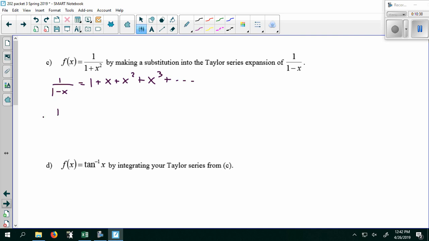I will plug in, instead of x, negative x squared, so 1 minus negative x squared would simplify to 1 plus x squared. Okay, so in my series expansion, I'm going to replace every x with a negative x squared.